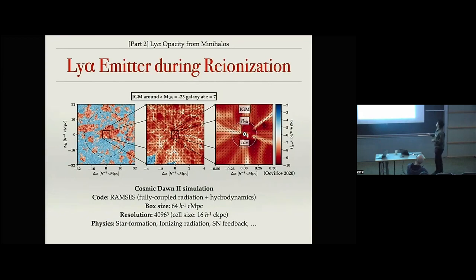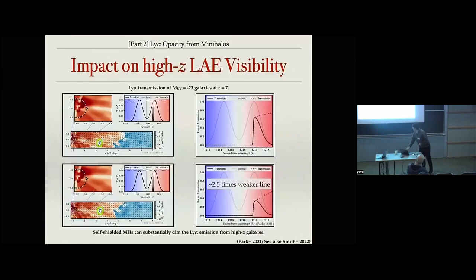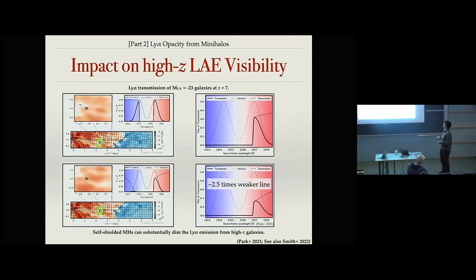So in this map, from left to right, I'm zooming into the brightest galaxy at redshift of 7, and you can see this simulation has a very large box, large enough to capture the bubbles while also resolving the virial radius of the galaxy. These movies are very similar to the Lyman alpha forest movie I showed you, except that I start with the double peak emission from the galaxy. And as I go through the IGM, now some part of the emission will be observed.